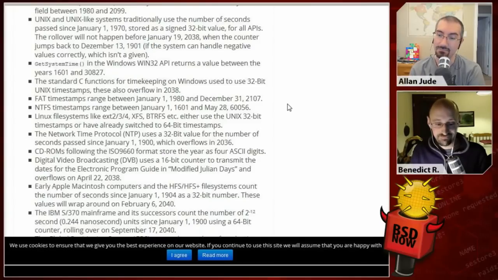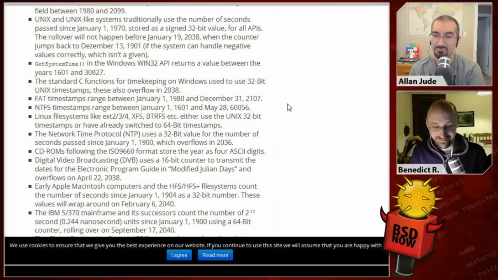The FAT file system uses a value that can express values between January 1st, 1980 and December 31st, 2107. So FAT will keep working until 2107. Hopefully by 2107 we'll be rid of FAT. But judging by the fact that we're putting this in as the EFI system partition, it's going to be around a lot longer than we hoped.